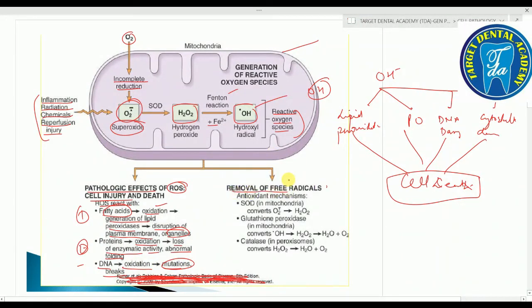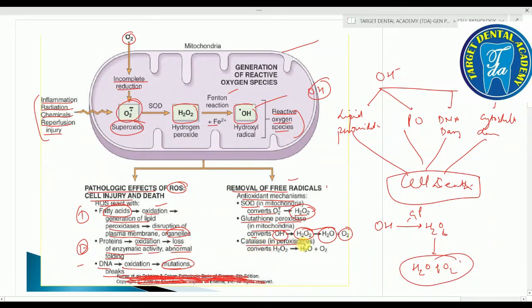Now next is the removal of the free radicals. So the antioxidant mechanism: the superoxide in the mitochondria is converted into hydrogen peroxide. The glutathione peroxidase in the mitochondria converts the hydroxyl radical into hydrogen peroxide, and the hydrogen peroxide gets split into water and oxygen.